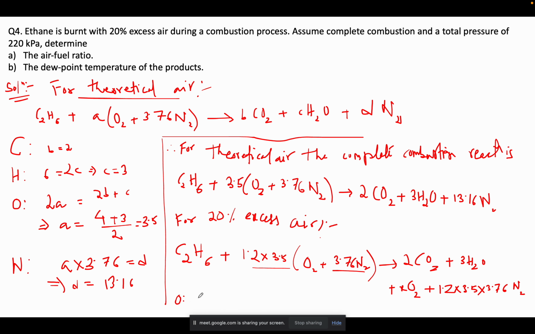Okay, so solving for oxygen, what you will get? 2 into 1.2 into 3.5 is equal to 2 into 2 plus 3 plus 2x.